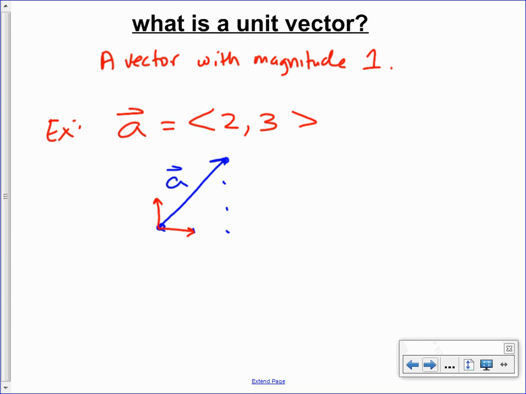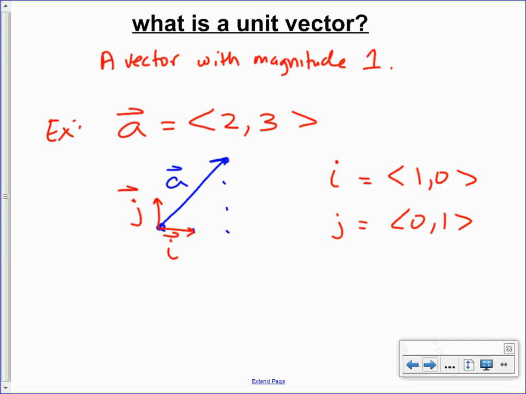When you add those vectors together and then add it to A, you could change A to the unit vector. Now, these vectors do have a name. They're called i and j. Vector i has the coordinates 1, 0, and vector j has the coordinates 0, 1.